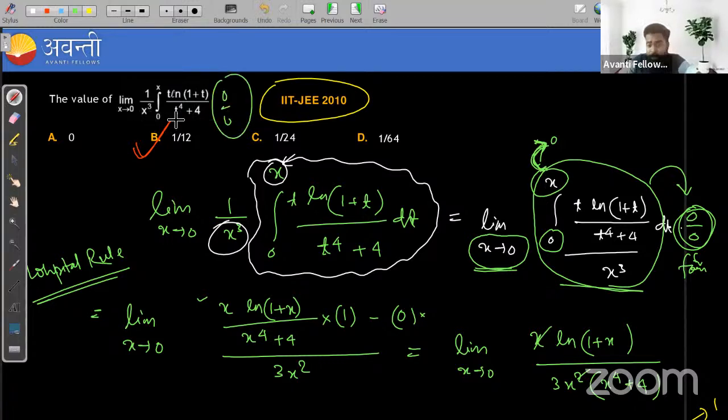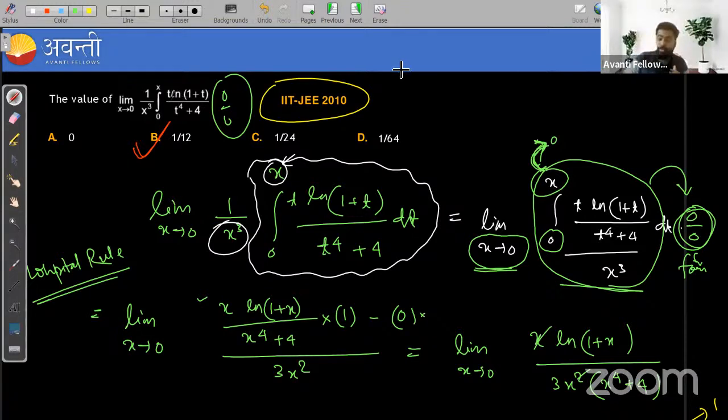The denominator is already 0 because x cube is present in the denominator. And the numerator becomes 0 because when you put the limit x tending to 0, the upper limit x changes to 0, and integration from 0 to 0 is always 0. So we got the 0 by 0 form.